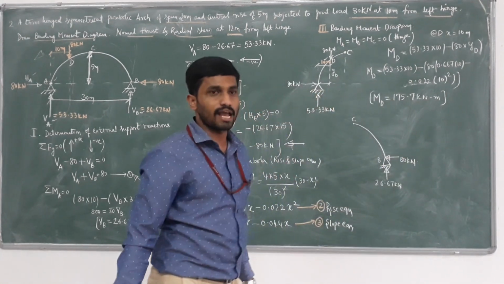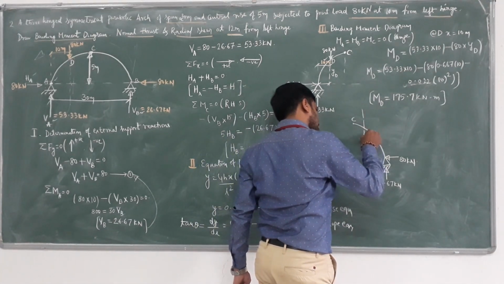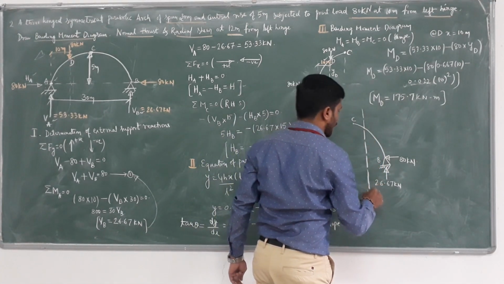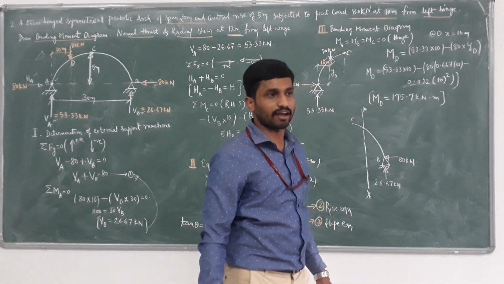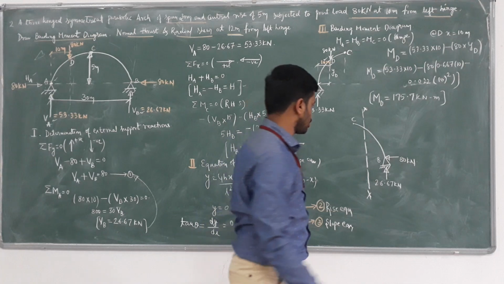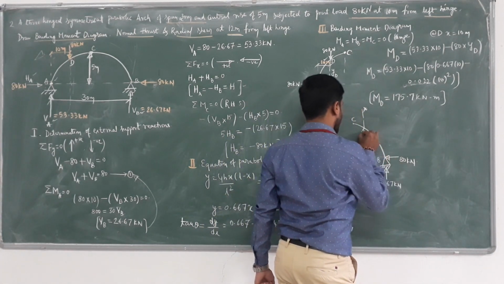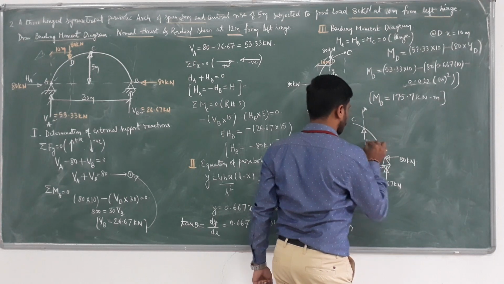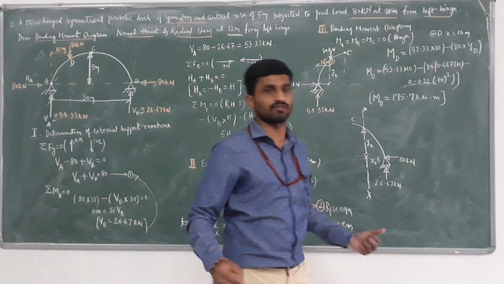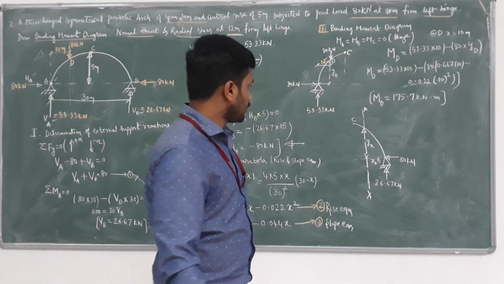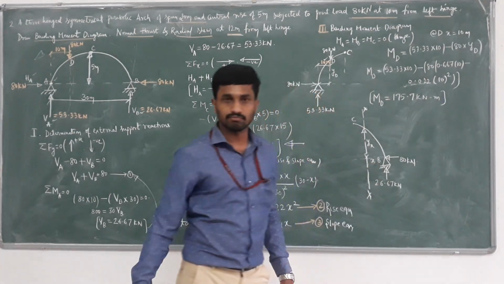I don't know where exactly the maximum bending moment can occur. Therefore, I am considering the section XX. I am treating this height as yx and this distance as x. I don't know this distance where exactly the maximum can happen.